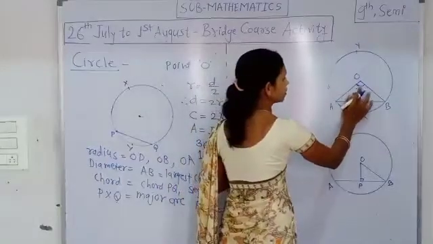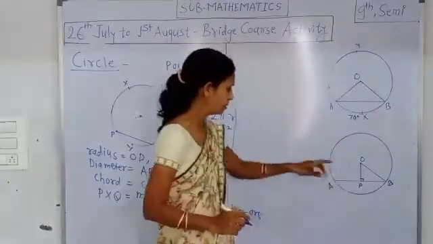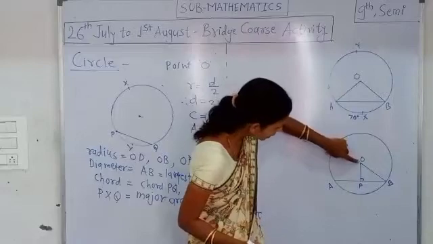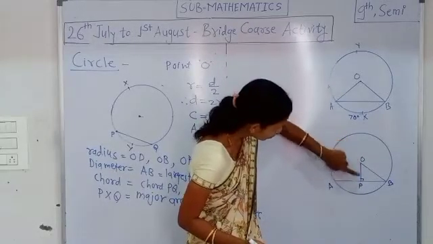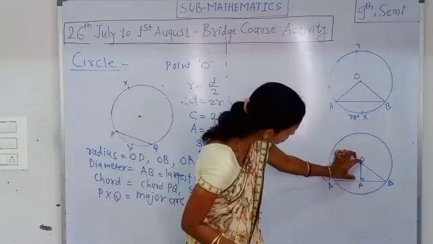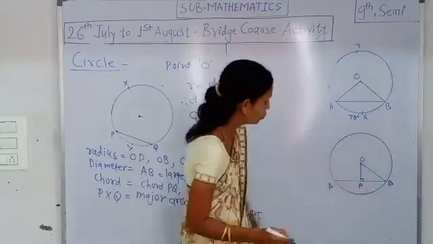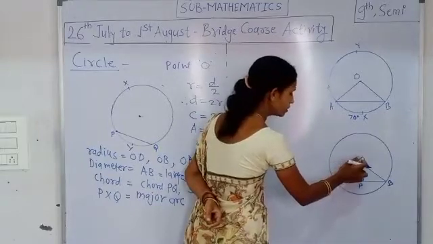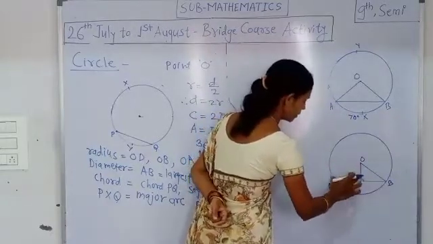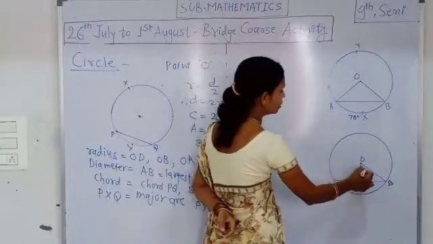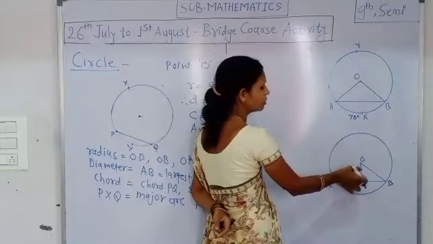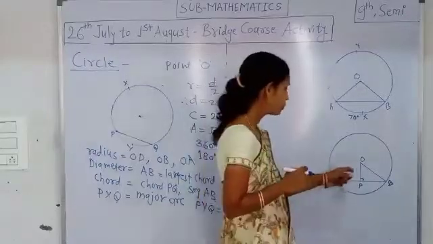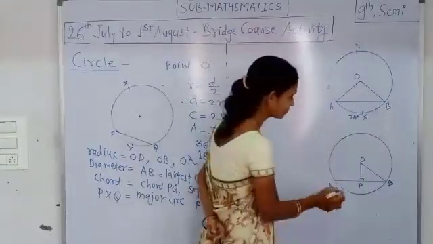In this example, O is the center of the circle, AB is a chord, and the distance between O and P is the perpendicular distance of that chord from center O. That means the perpendicular drawn on that chord from the center of the circle is the distance of that chord from the center.